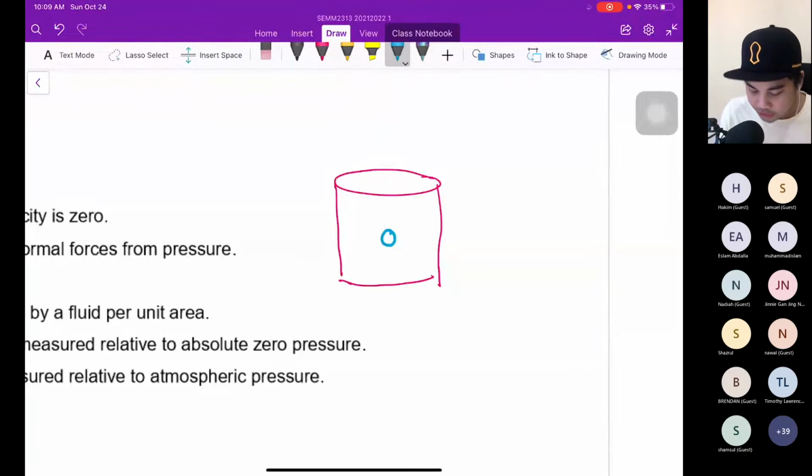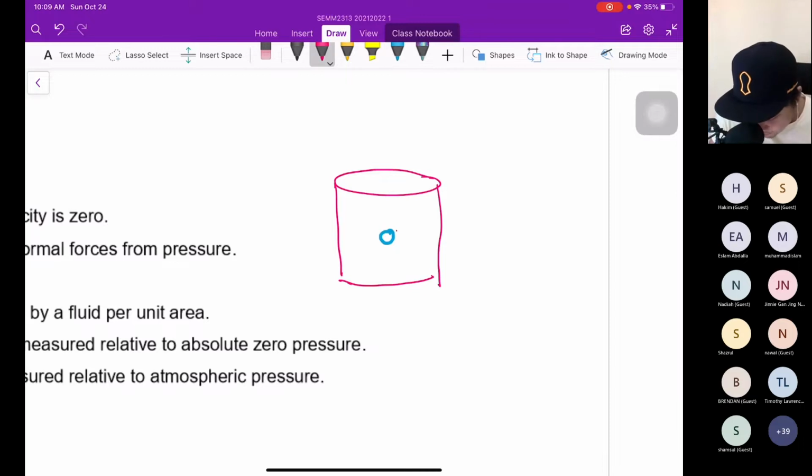When there is no motion, there is definitely no shearing stress. This is shearing stress, all right? Remember that we have learned, there is no shearing stress. This is cancelled. What we have only is normal force, which is called the force from pressure.